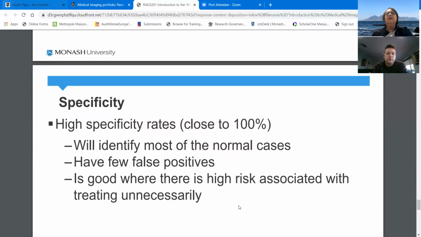So if you have a high risk of false positives, for example, a patient was in an accident and you say there could be something wrong with the cervical spine, the patient is then sent to a big hospital or referred to CT. So there's unnecessary treatment if you have a low specificity rate.